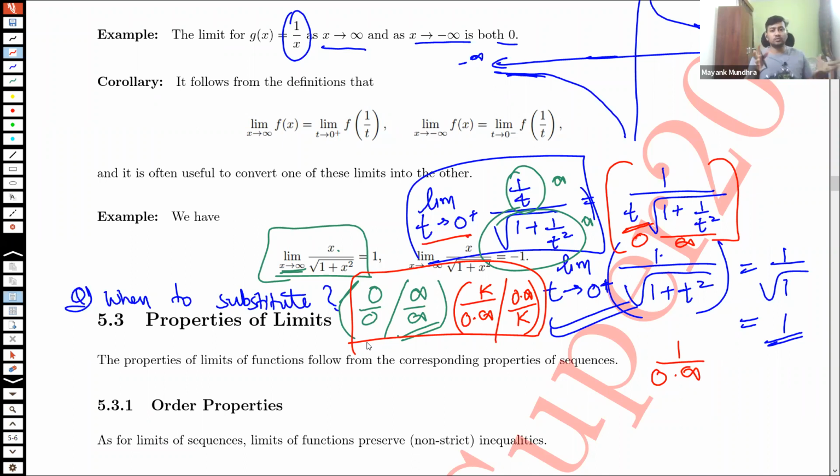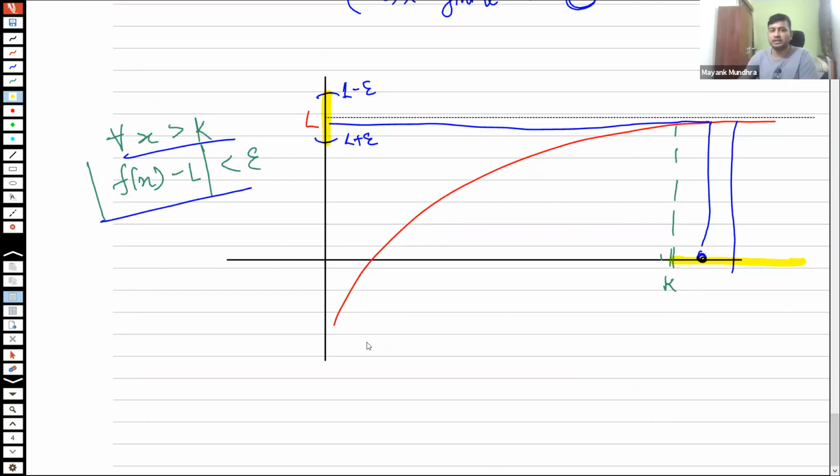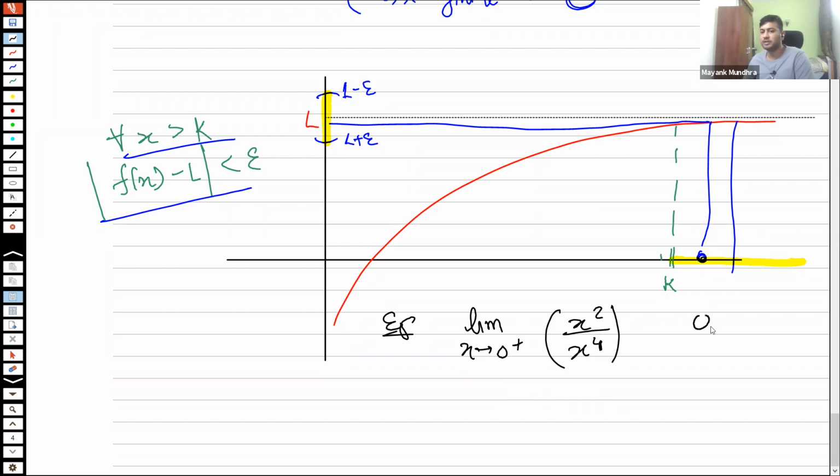So the aim is going to be to go from such a format to something which does not look like this. For example, I'm looking at limit x tending to 0 plus x square by x to power 4. Obviously I cannot do a substitution right away because this becomes 0 by 0 format, so not applicable.